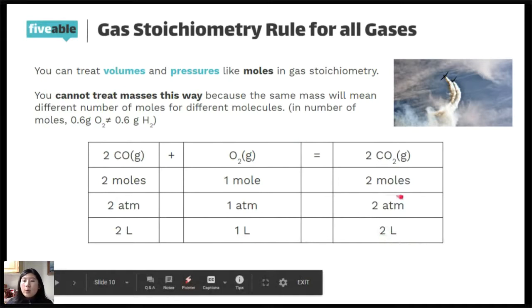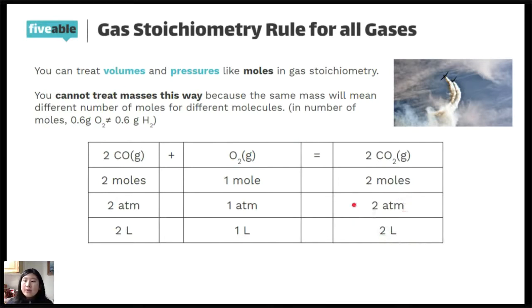And it may not work over here either if the volume is changing, because remember, if the container is constricting, then you're going to have a much higher pressure value. So if you were to manually constrict the volume, then this would not be 2 and 1 equals 2. It would not equal that.